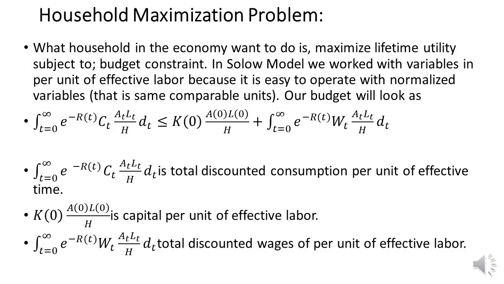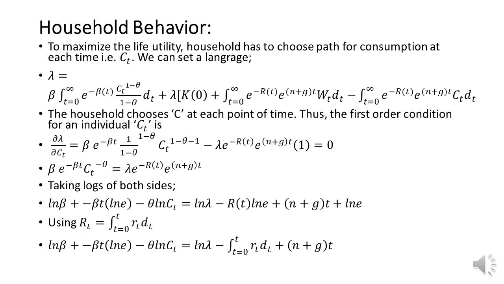Let's talk about how the household behaves. To maximize the lifetime utility, household has to choose a path for consumption at each time, that is C(t). So all the consumptions in the different times will be in this form.